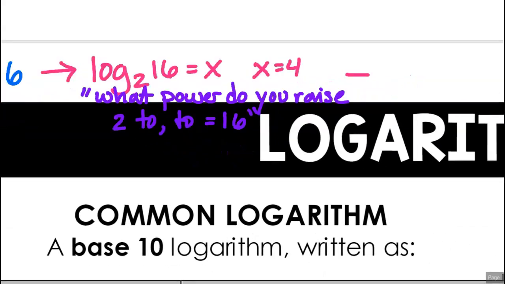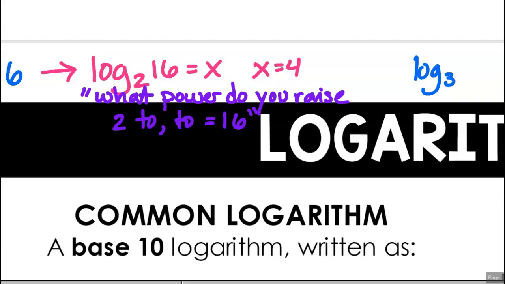So for example, if I had the log base 3 of the argument 9, by the way, this is the base number, and this, what is being logged, is called our argument.